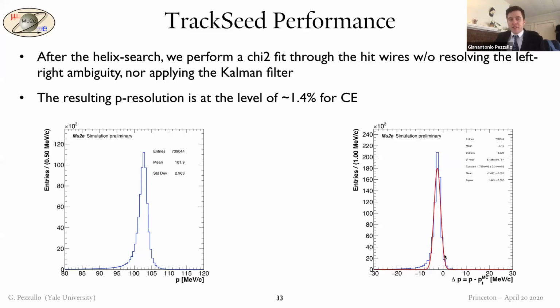We're getting a sort of average momentum, not taking into account the energy losses in the tracker, which are at the level of about 1 MeV. Once we do the Kalman filtering, and I probably have a plot on the backup slide, with left-right ambiguity resolved, this distribution peaks perfectly at 0. Perfect. All right, thank you.